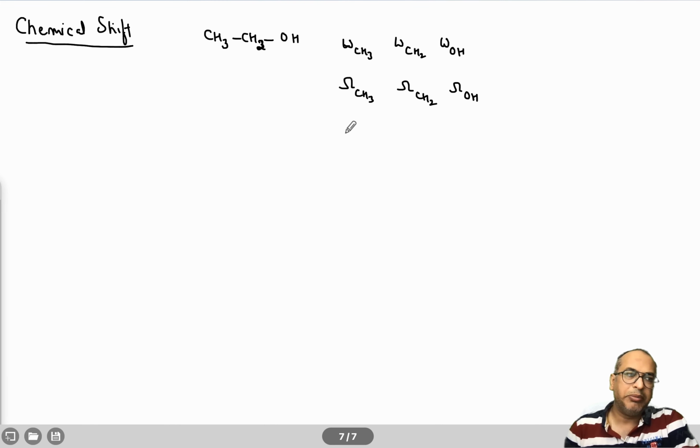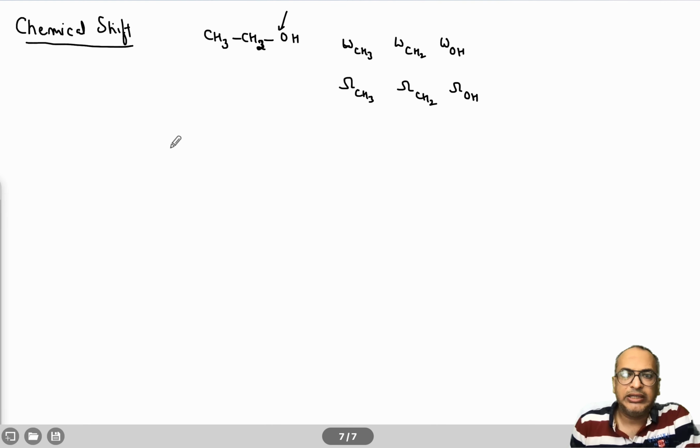So what do I mean when I say local chemical environment? If you look at the structure here, there is a difference of electronegativity between different atoms. For example, oxygen is the most electronegative element among these. Because of this arrangement of atoms, the electronic cloud which is present around different atoms gets pulled towards oxygen to different extents.